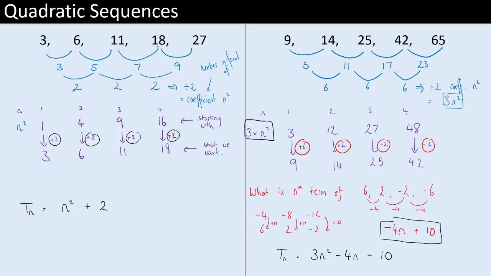Now I realise that at this point, with me sitting here in my chair at home recording this video, these stages here are not always that obvious, because you have to be looking at how you want to get from the sequence you've currently made from doing this stuff at the top to the sequence that we want.